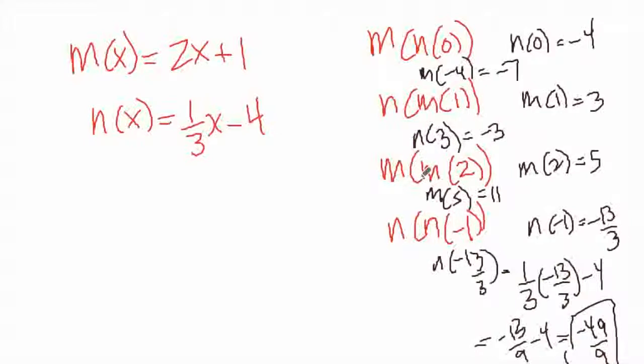Now let's state the obvious, and then I'm going to state what the impact is for graphs. Okay. If you input a certain number into a function, you should always get the same output. Like here I calculated n of 0 and I got minus 4, right?